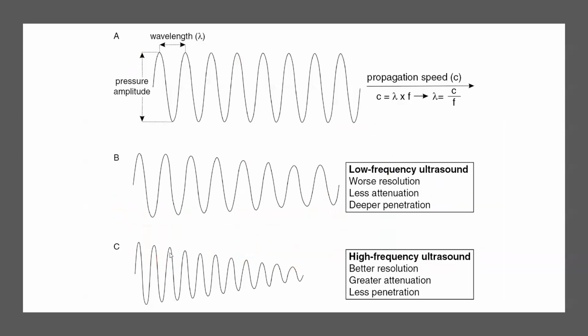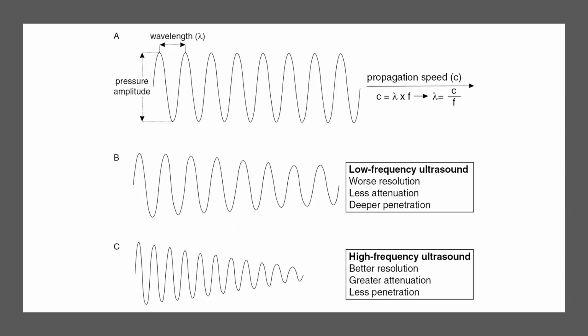Now, as I've told you, there is a concept which we call attenuation. And attenuation really depends on frequency and wavelength, as well as the nature of tissue on which you're basically doing the ultrasound. Now, when you use a low frequency ultrasound, as I told you, you will be able to penetrate tissue better, the deeper tissue especially.